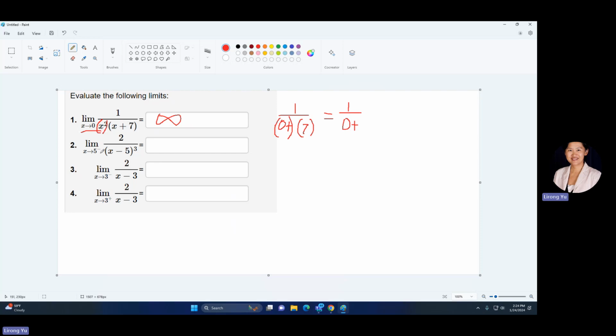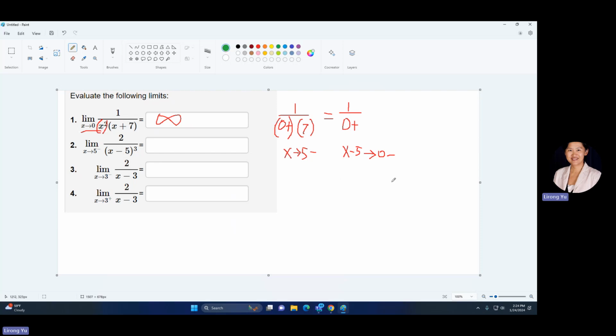And for the second question, we see 2 over, and I would have to specifically understand the 5. x is approaching 5 from the negative side. So x minus 5 is 5 minus 5, which is approaching 0 also from the negative side. So x minus 5 itself is approaching 0 from the negative side.